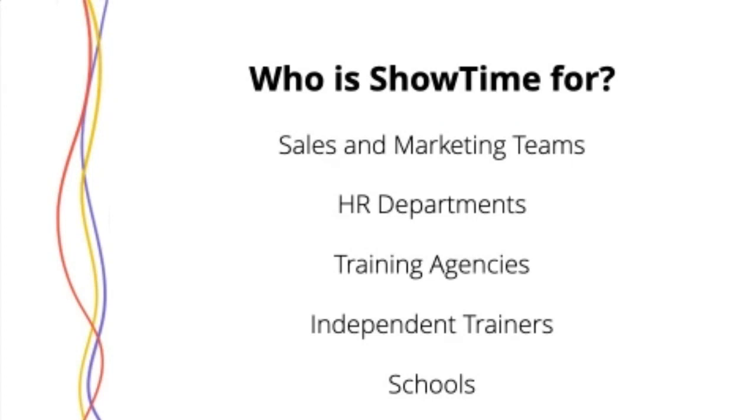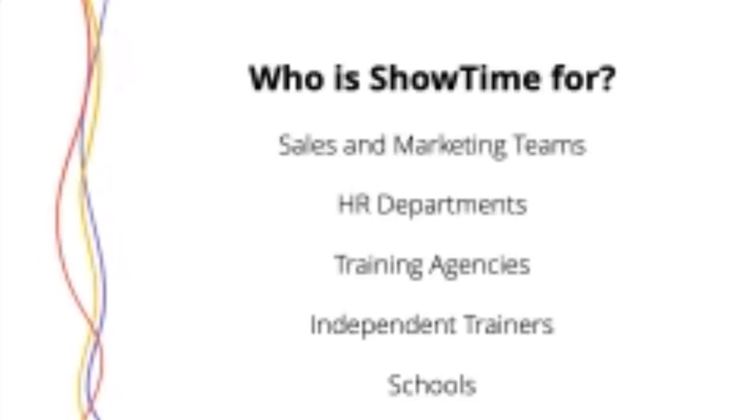Training agencies or independent trainers are also common customers of Zoho ShowTime. We have a feature, which I'll briefly talk about later, which allows you to do paid trainings. So you can connect a payment gateway and sell tickets for your training. That's kind of cool.